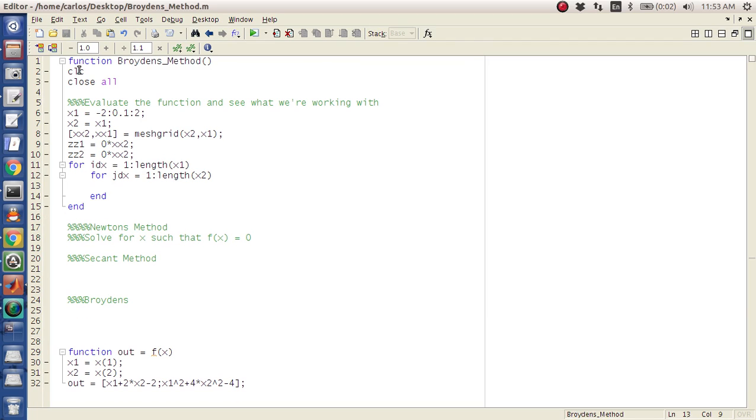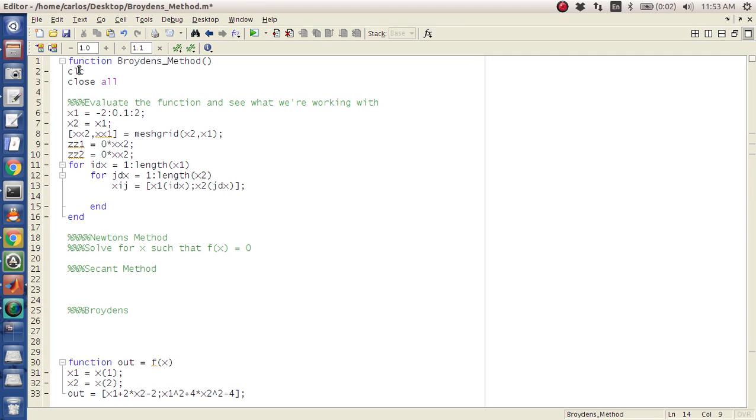Basically I'm going to say xij is x1 of idx, x2 of jdx. And then out is f of xij, so I'm actually going to evaluate the function at that current coordinate.